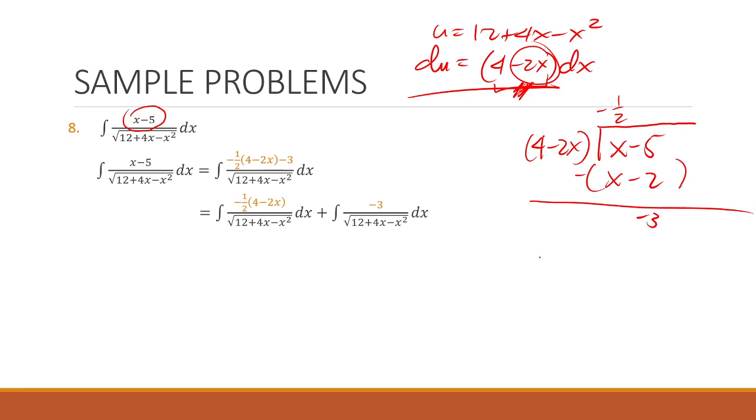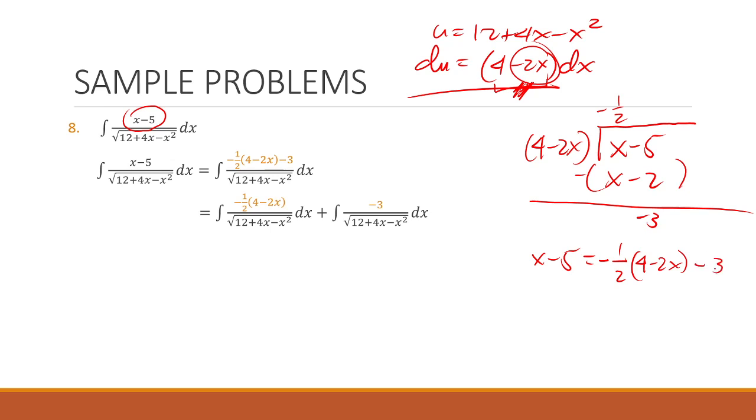Therefore, x minus 5 equals, kumbaga, the equivalent expression ng x minus 5 is the quotient, in general ganito pagkasulat class, ang quotient niya after ng division. So quotient in this case negative 1/2 times the divisor in this case is 4 minus 2x, and then plus the remainder. Okay, so in this case minus 3.